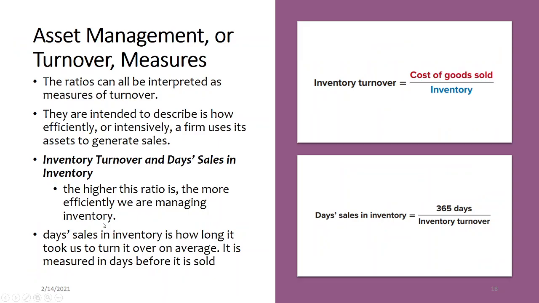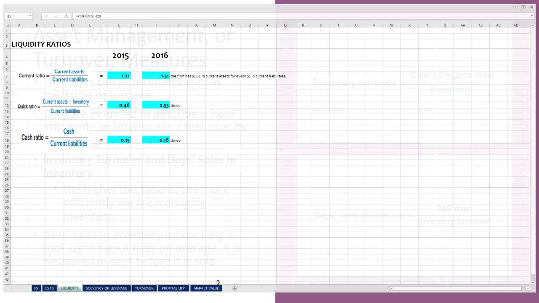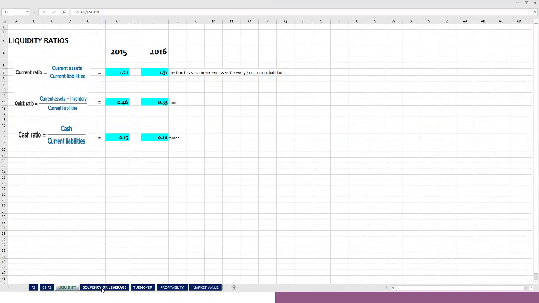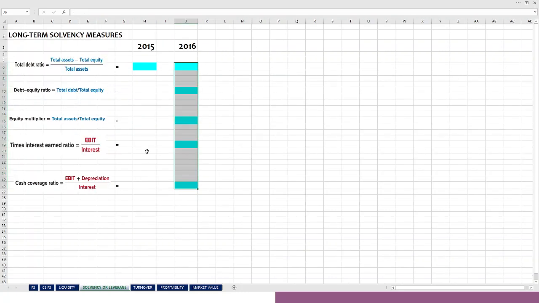So let's go to our Excel to demonstrate how these things are computed. So in our Excel here, I have the sheet for leverage ratio. So this is the sheet where we are going to compute this. So we have the total debt ratio. This is equals to, we only compute for 2016.